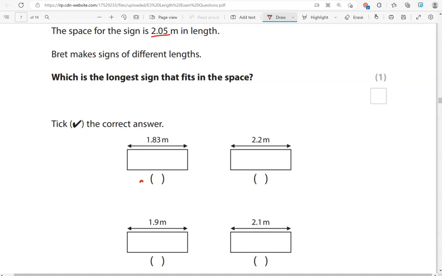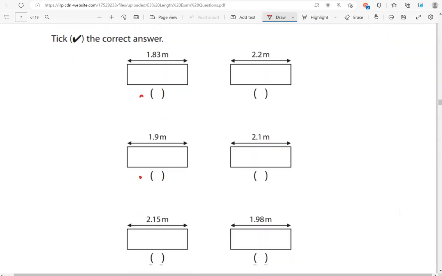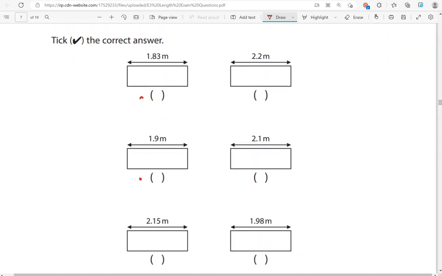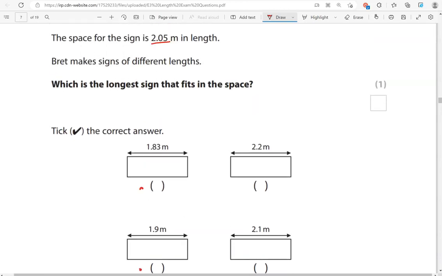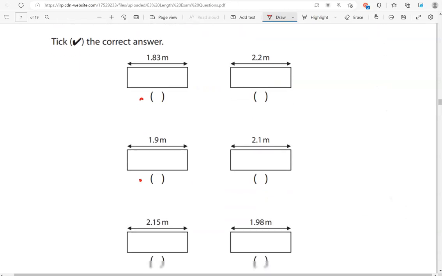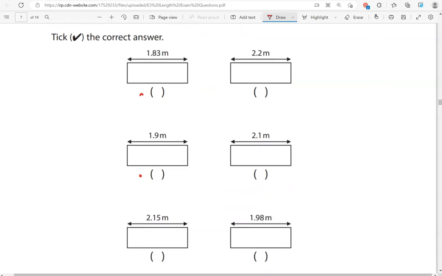Then we have 2.2. 2.2 is higher than 2.05, so that's not a possible answer. 1.9 is below 2.05, so that is also a possible answer. 2.1, that is higher than 2.05, so that is not a possible answer. 2.15 is higher than 2.05, so that is not a possible answer. And then 1.98, that is below.